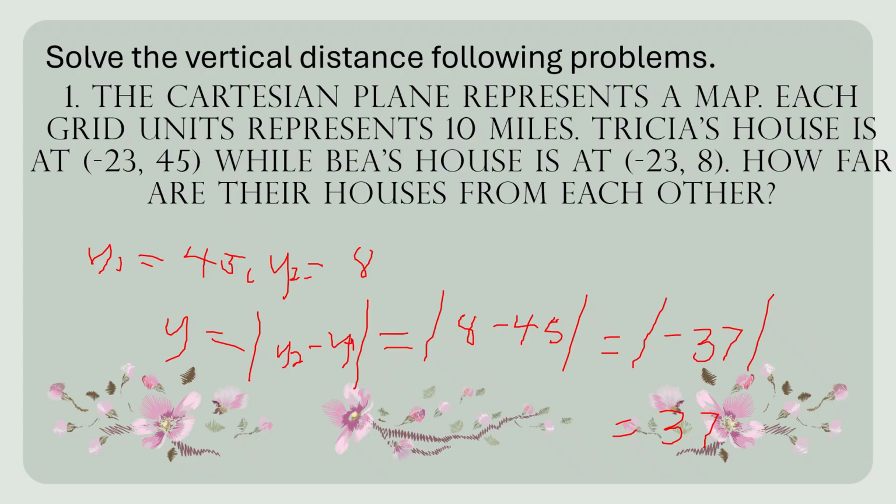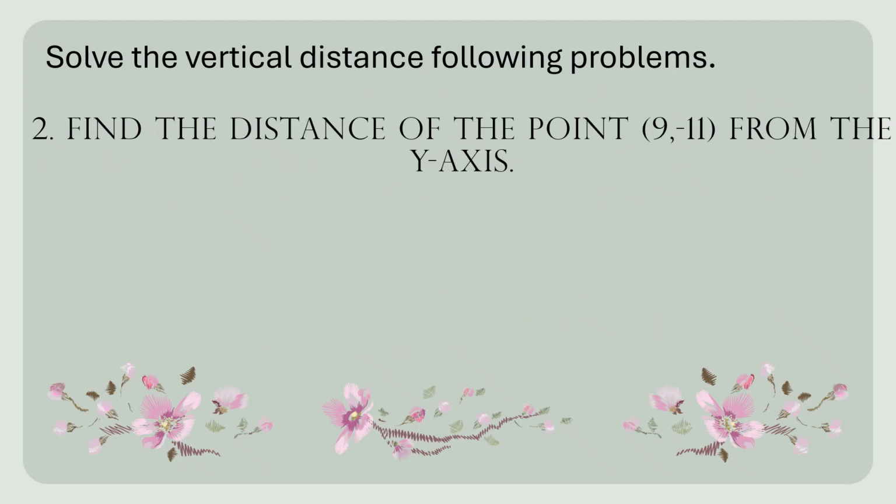That means the distance from Trisha's house to Bea's house is 37 units.